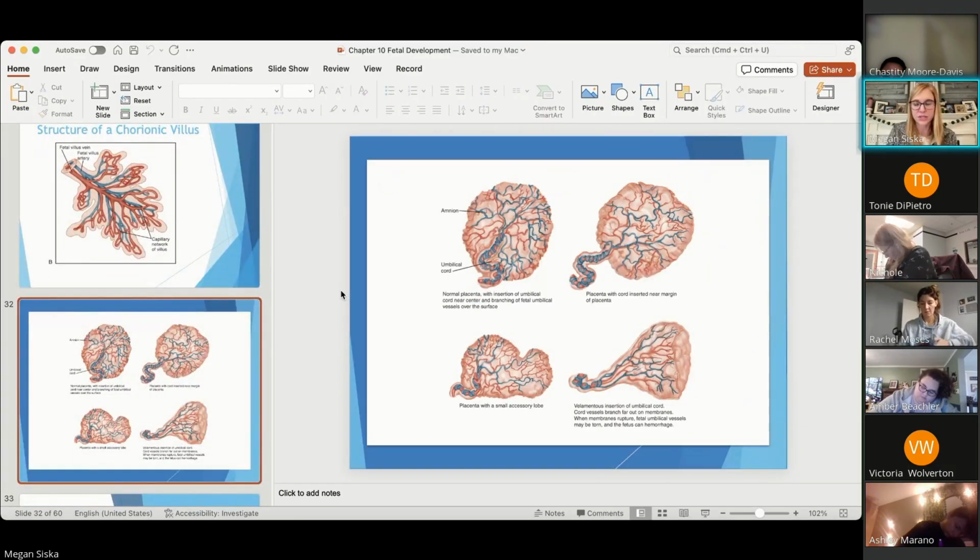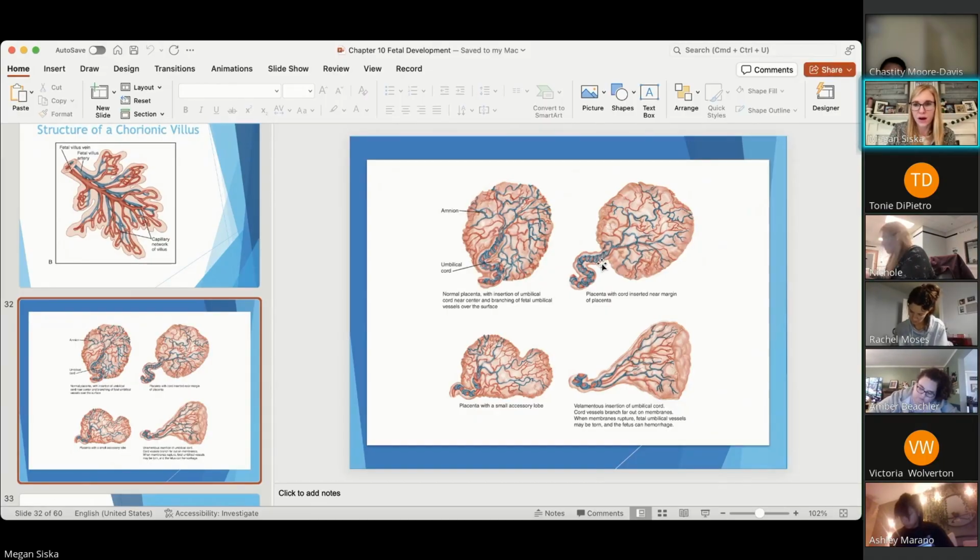Okay, so here are some placental variations. In a normal placenta, your cord insertion is kind of right in the middle, and the placenta is nice and round. Blood vessels are equally distributed. Right here, this is called a marginal cord insertion. So instead of being in the middle, it's off to the side here.